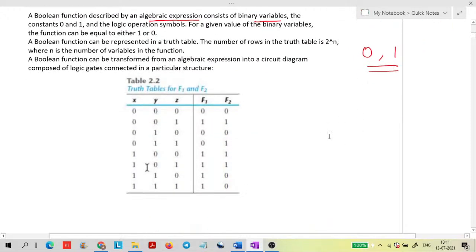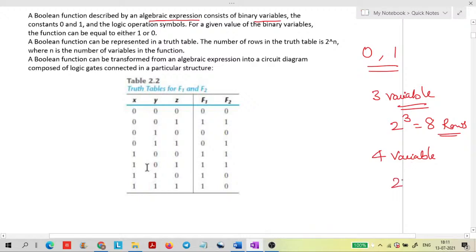For example, if there are three variables, then the truth table has 2 raised to 3, so that is 8 rows. Suppose there are 4 variables in the Boolean function, then it is 2 raised to 4, so that is 16 rows in a truth table.